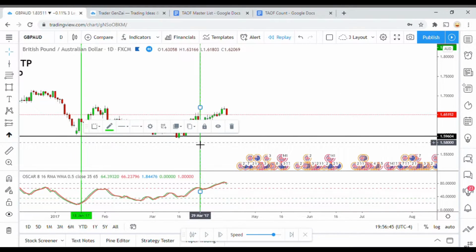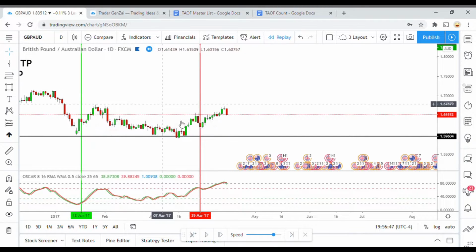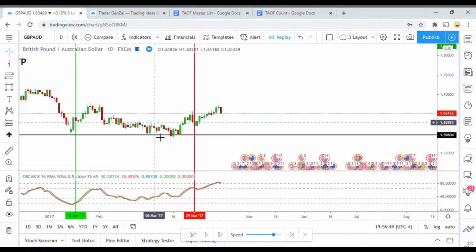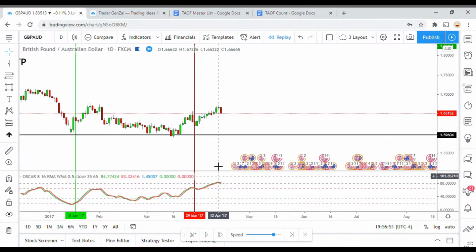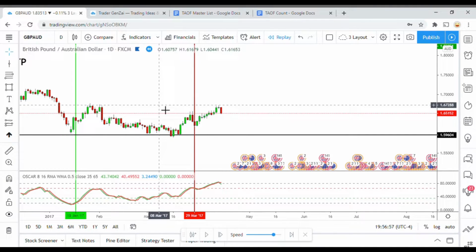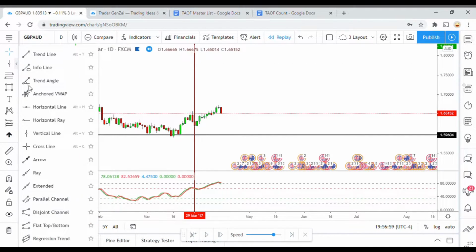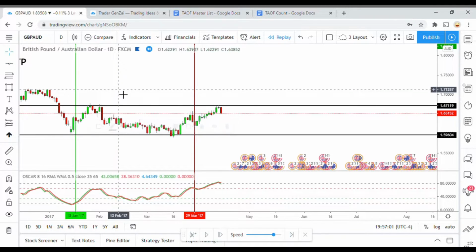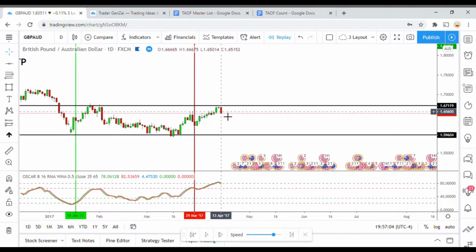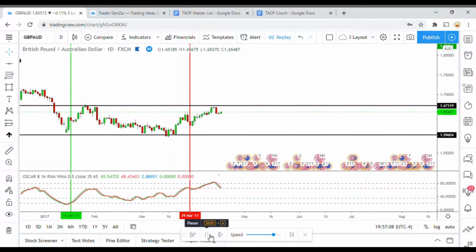So that would be a losing trade there. All right, now it's bounced up here into the overbought area, and it is also running into this area right here, so we'll probably see a significant bounce off of that area.